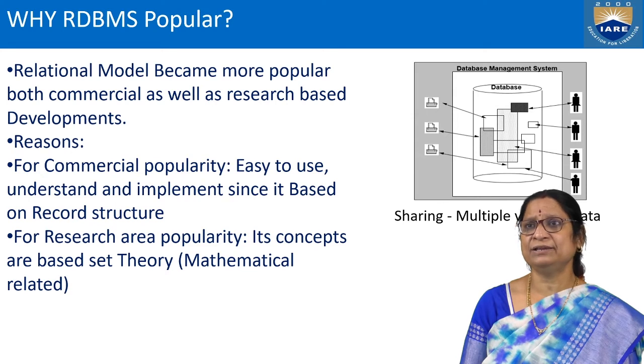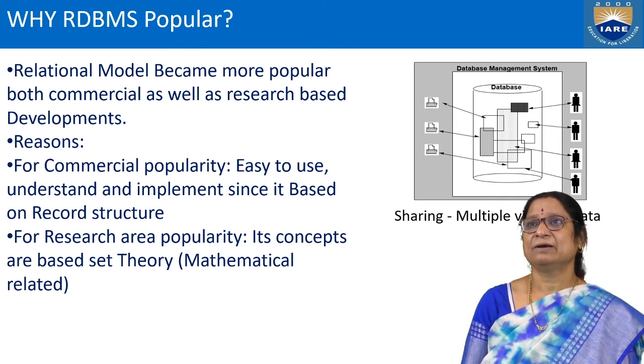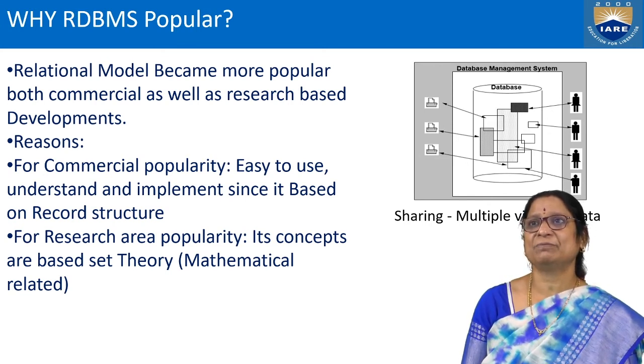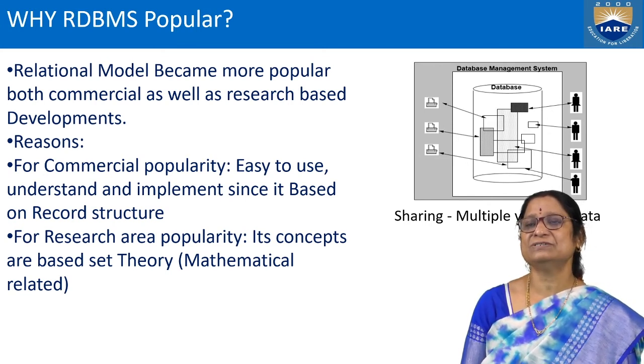Not only banking, you can take any railway reservation system, right? Most of the people are viewing the railway reservation system at the same time, but all of them are viewing the data according to their requirement only. That is multiple views of the data. The same data is shared among all these people, right?